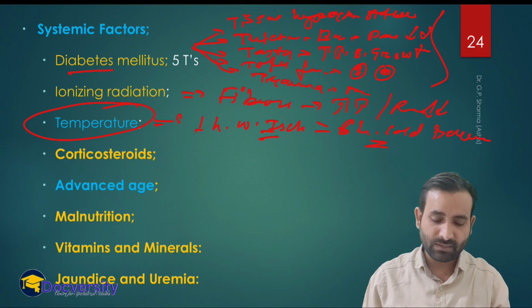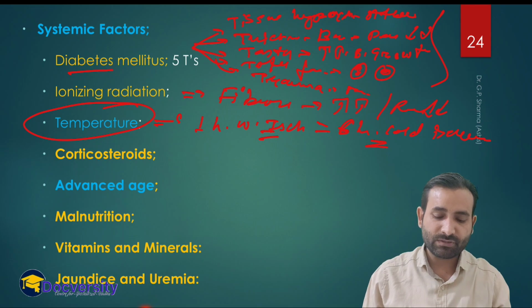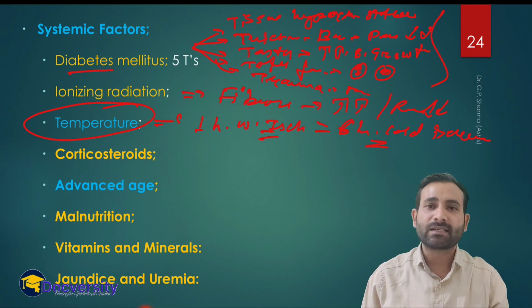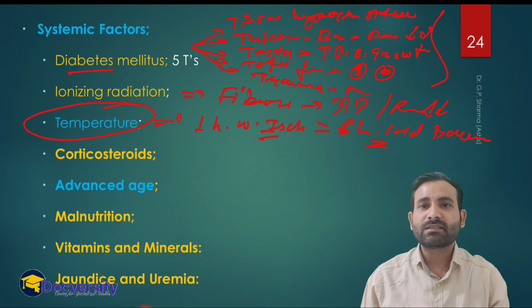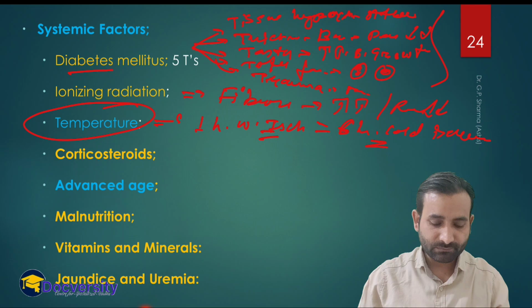If you are in the higher temperature, your wound heals delayed. Is that okay? So if you are living in cold climates, like in the mountain region, you will live for longer, because your tissue aging gets delayed. That's the reason those people who are living in cold climates live for longer, except for some diseases, of course.